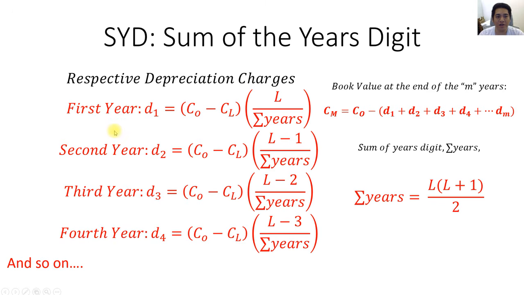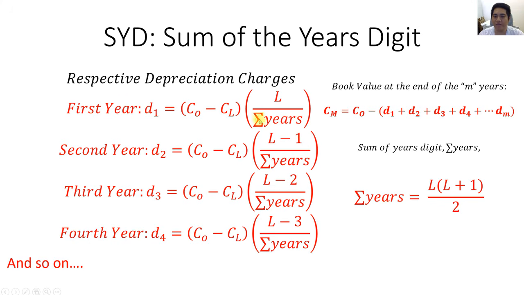For the first year, D sub 1, we have the first cost minus the salvage value, multiplied by L, where L is the usable number of years or the lifespan of the asset, all over the summation of years. Then for the second year, D sub 2, first cost minus the salvage value multiplied by L minus 1, all over the sum of the years.